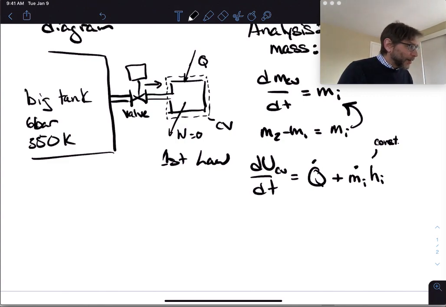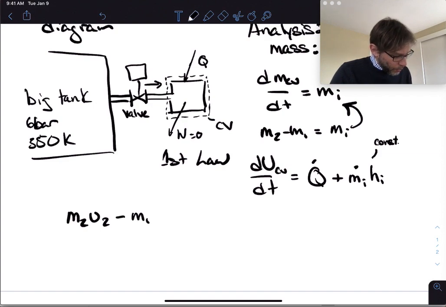For the energy equation, we're going to have m2u2, the mass of air at the second state, minus m1u1, these are little u's now, is equal to the Q that we are interested in plus m_i h_i, because the h is staying the same.